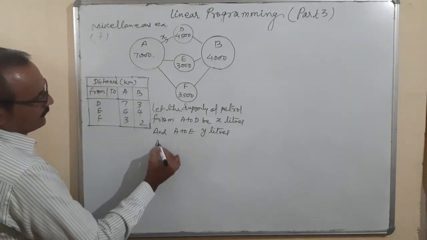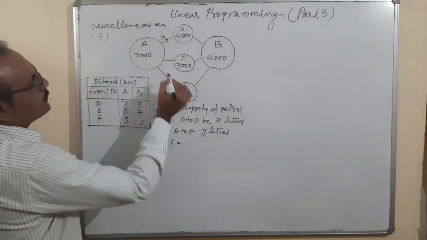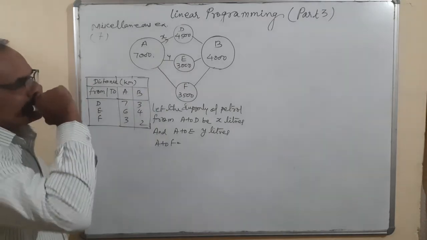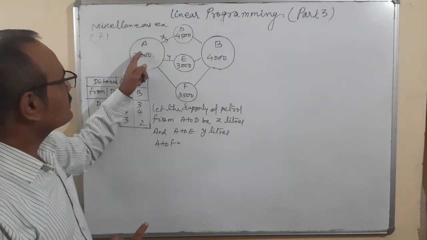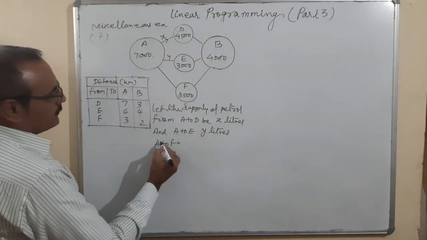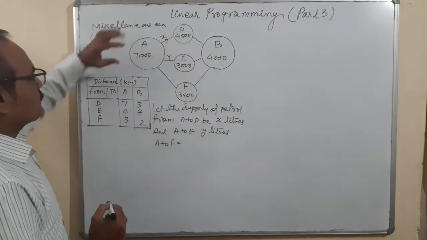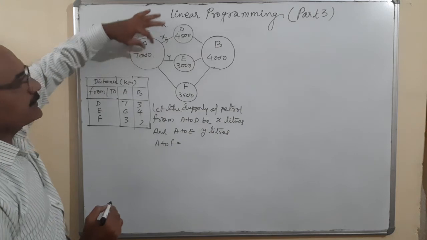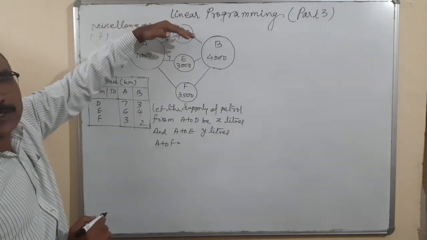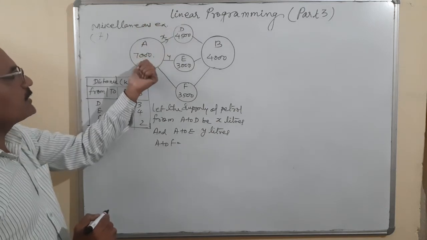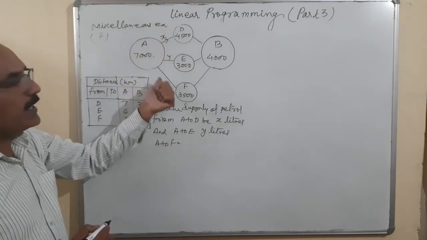A to F. This is supply from A to D, X liters, supply from A to E, Y liters, supply from A to F. Because from the 7,000 liters, X liters supplied here and Y liters supplied here, so X plus Y liters already supplied. The remaining in this depot is 7,000 minus X minus Y.